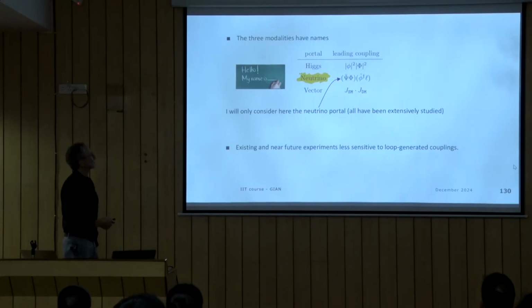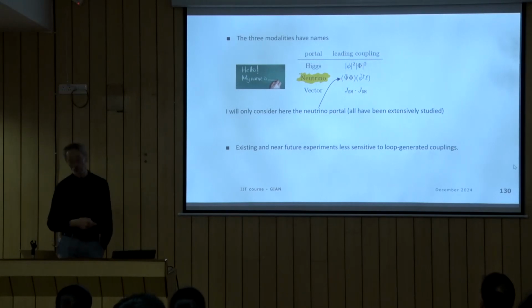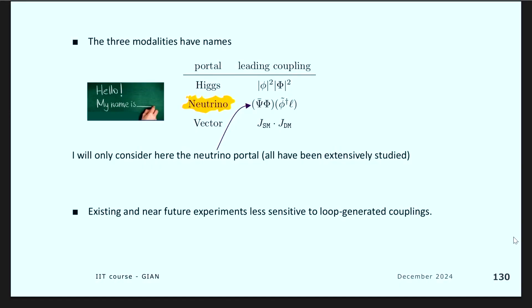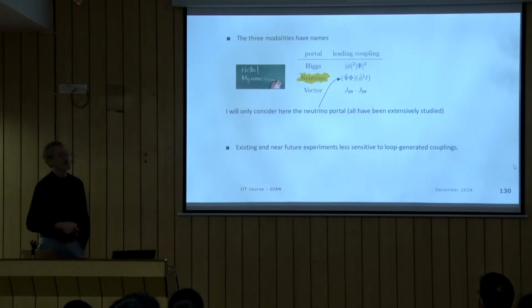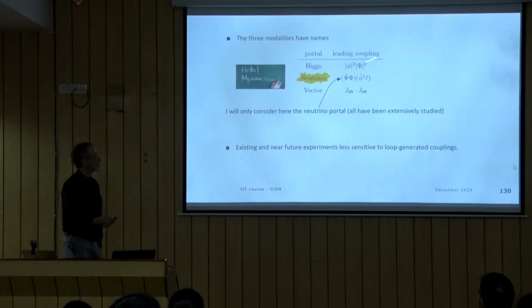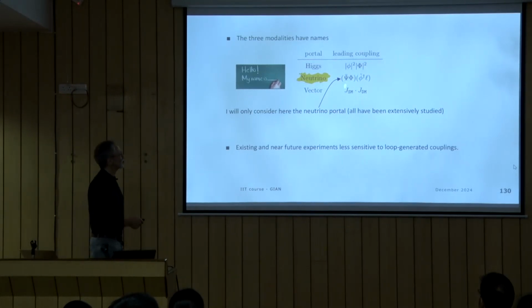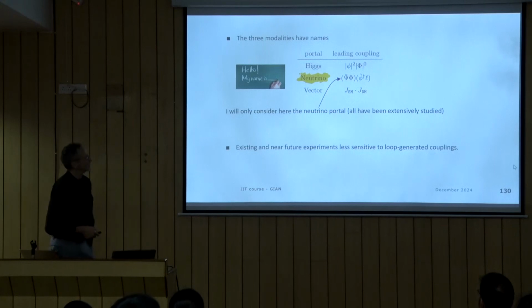So these have names by now. This coupling of dark to standard model is called the Higgs coupling because cleverly it involves the Higgs. This is called the neutrino portal because, as you might guess, perhaps unsurprisingly, it involves a neutrino. This is called the vector coupling because it's a vector-mediated interaction.